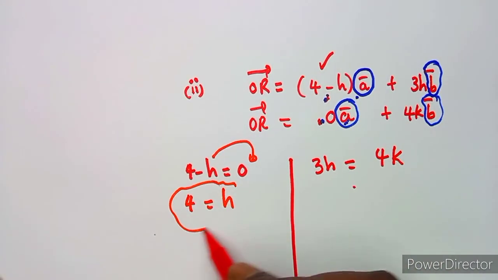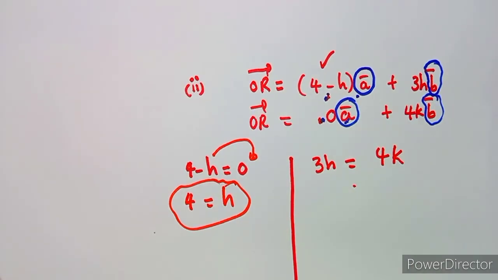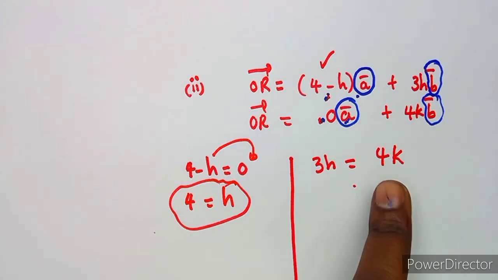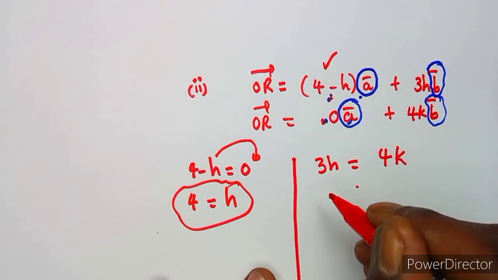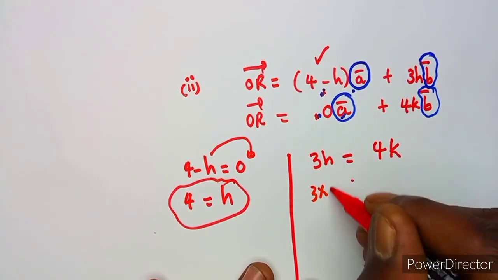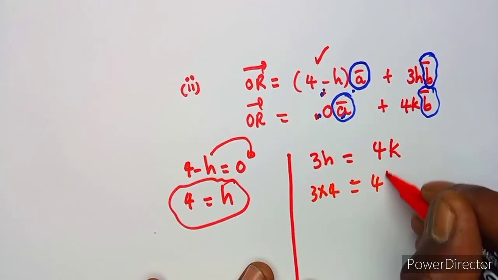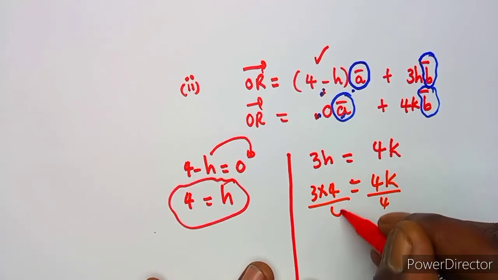So H is equal to 4. Since H is equal to 4, it's going to be easier for me to find now the value of K. I'm just going to substitute here, which is 3 times H, which is 4, is equal to 4K. So I can divide by 4 both sides.